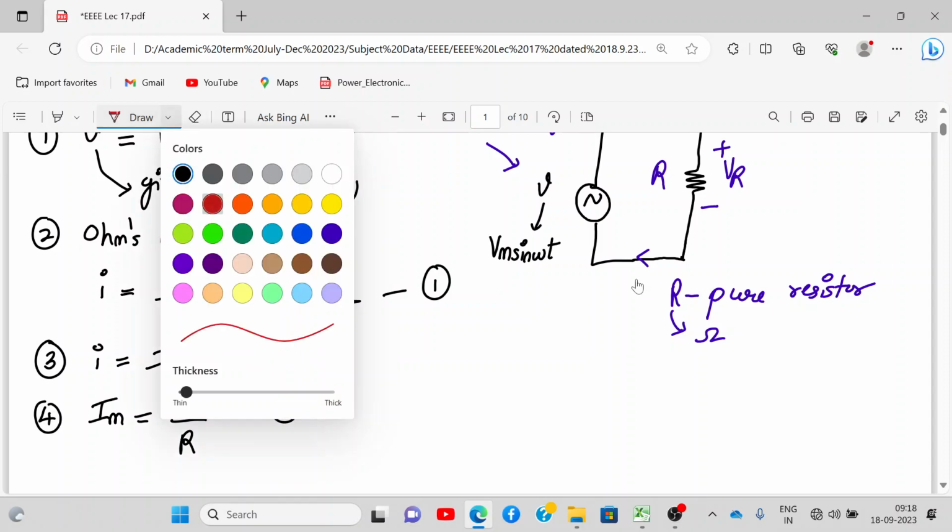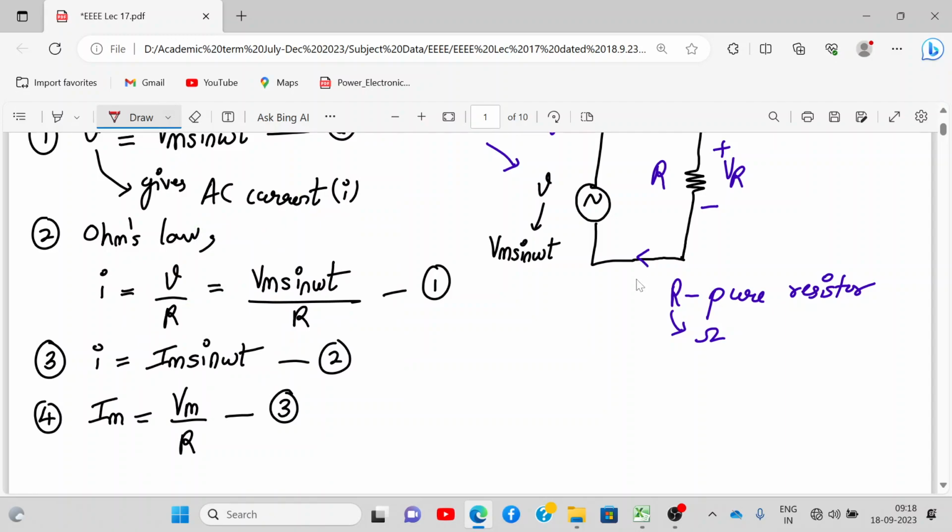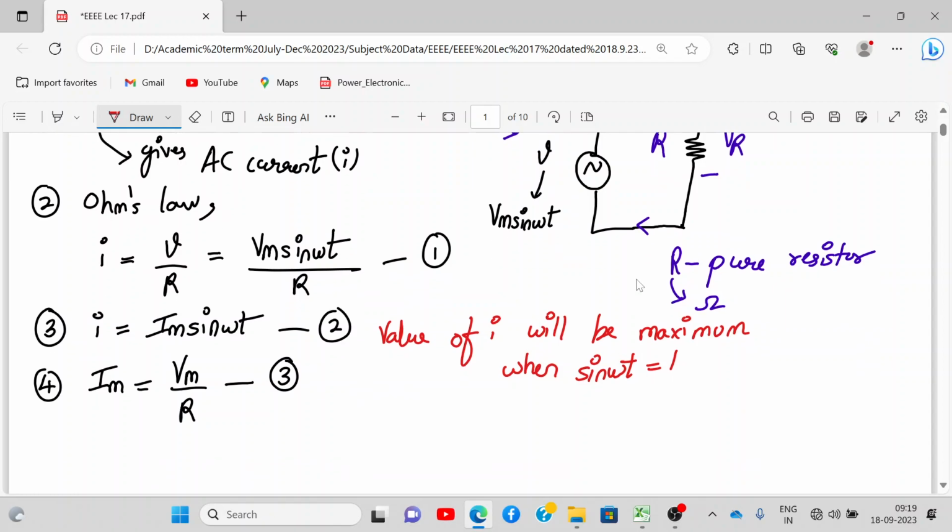Can you tell me the value of i will be maximum when? When sin omega t is equal to 1. The maximum value is Im, right? So when sin omega t is equal to 1, the value of i will be maximum.